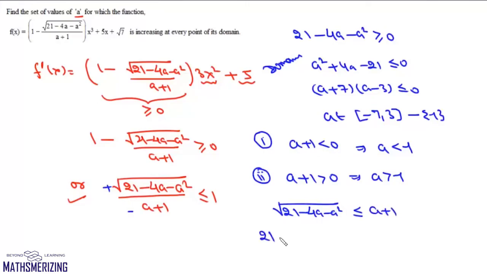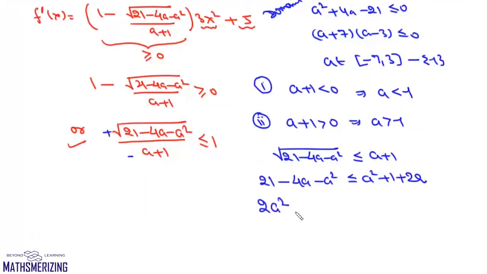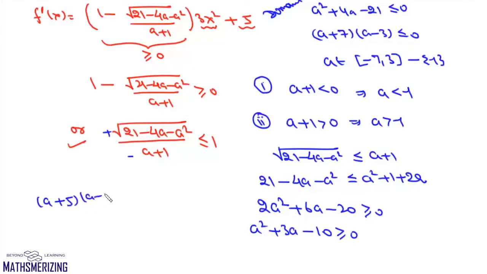Now if we square it, we can write 21 minus 4a minus a square is less than or equal to a square plus 1 plus 2a, or 2a square plus 6a minus 20 is greater than or equal to 0, or a square plus 3a minus 10 is greater than or equal to 0. Now this is (a plus 5)(a minus 2) greater than or equal to 0.